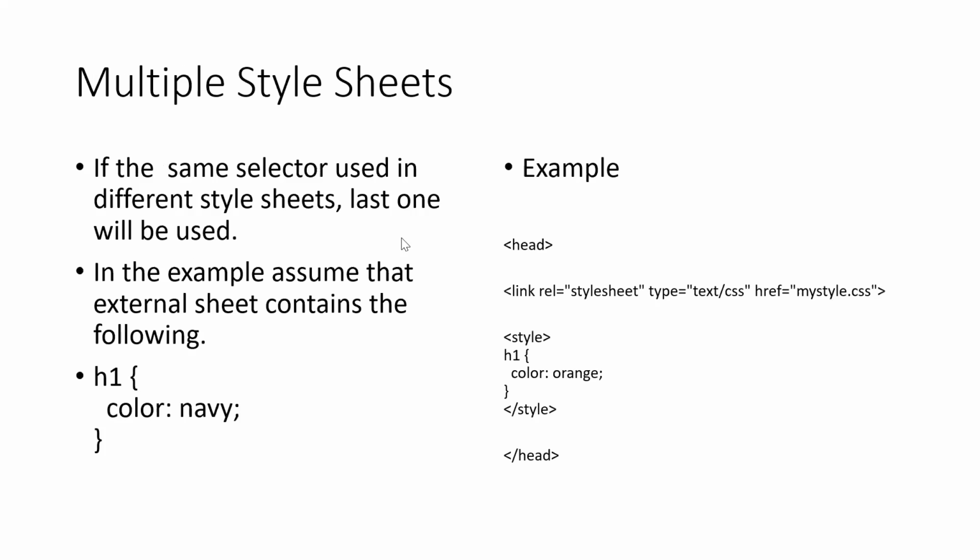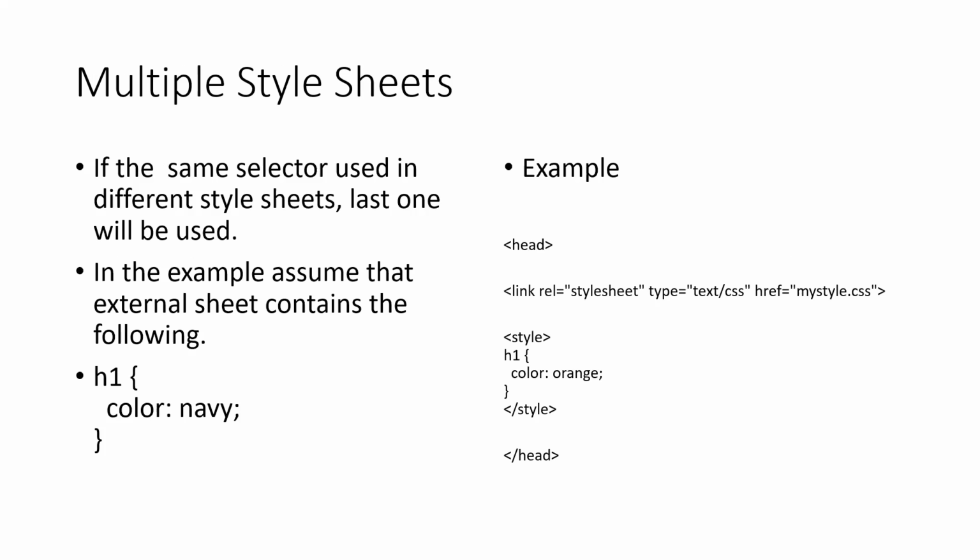Now, when you have multiple style sheets, what do you mean by multiple style sheets? Sometimes you might use multiple style sheets and use the same selector and then modify it.